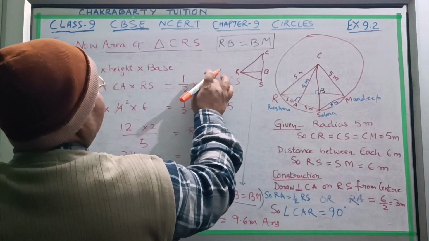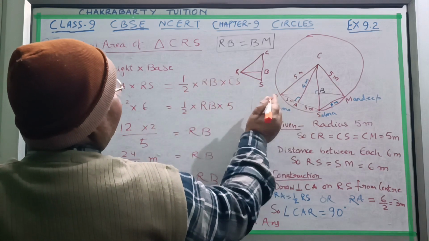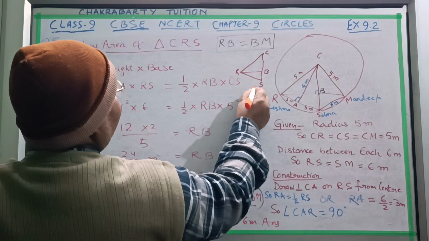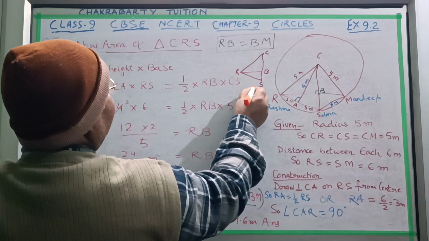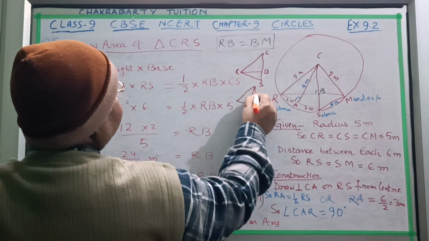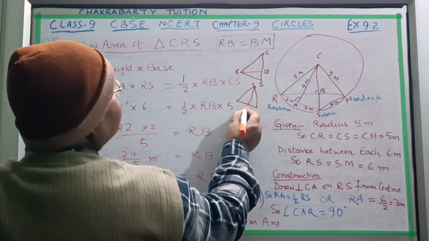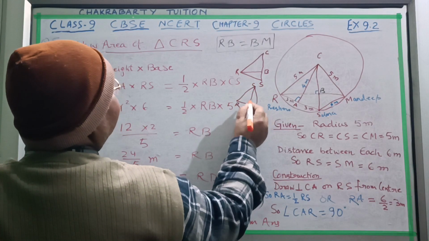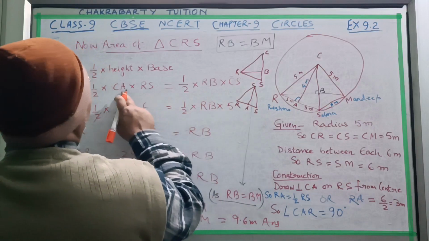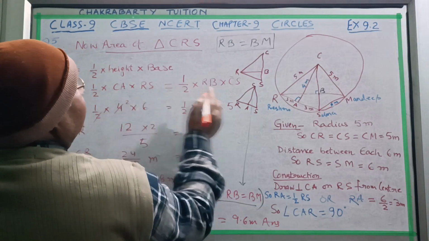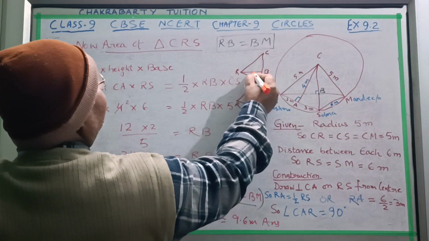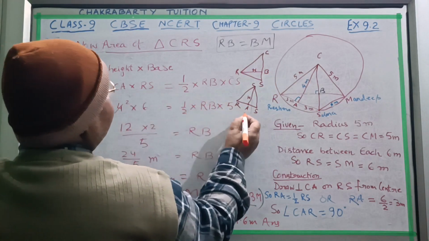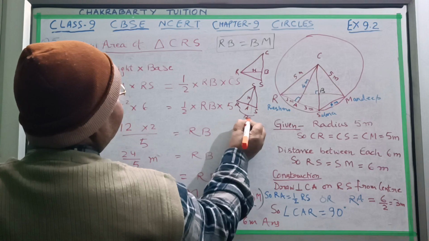And the other we are talking about is like this. C, R, A and S. So CA is your height. In this it is your height, and RS is your base.